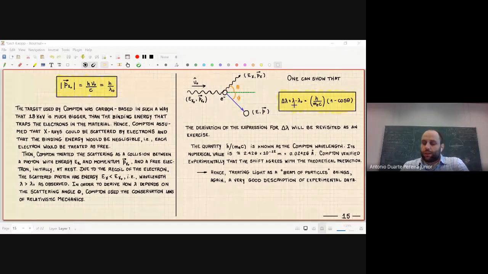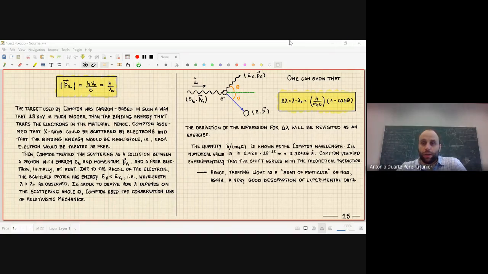So you see that this difference really depends on the angle theta of the scattered beam. If you change theta, you change the value of this variation, which is called the Compton shift.